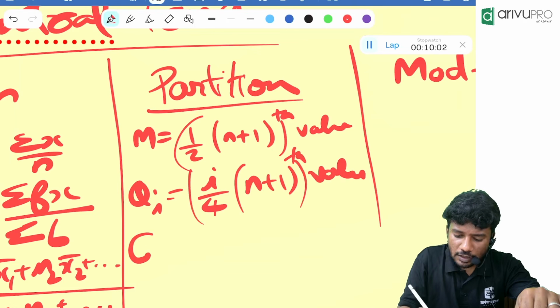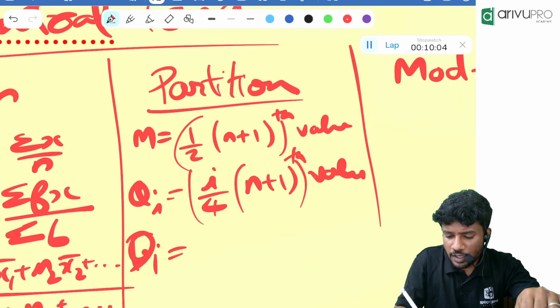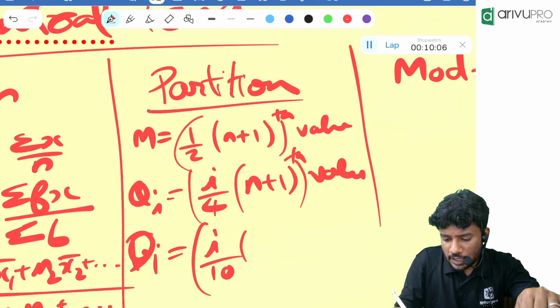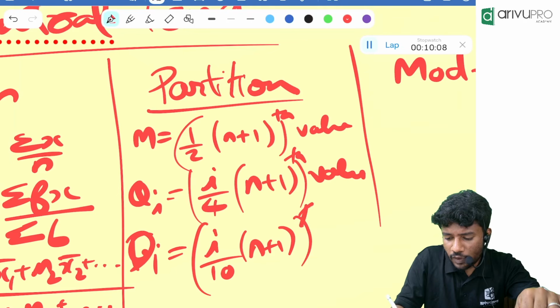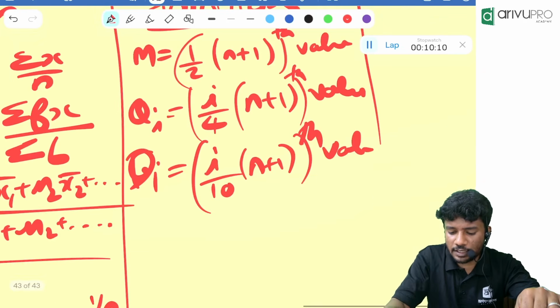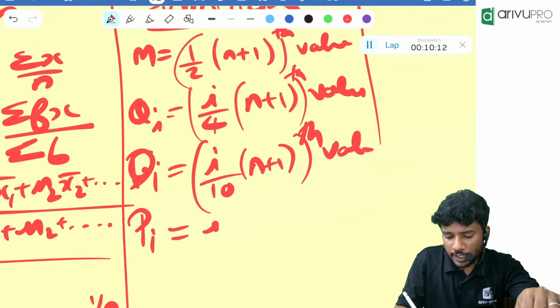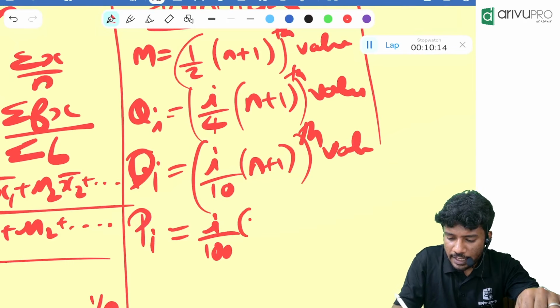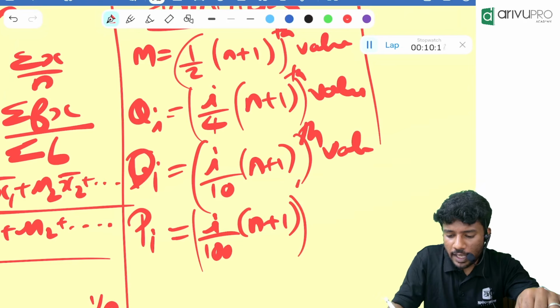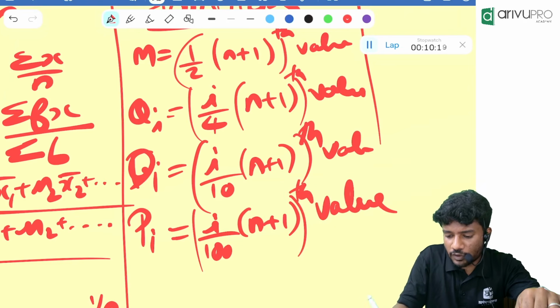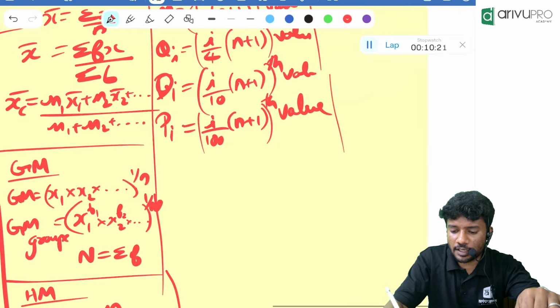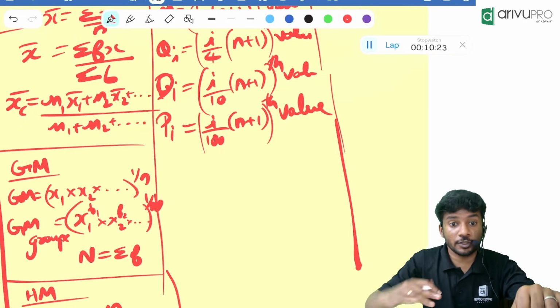Correct. Then decile is the i by 10 into n plus 1th value. Correct. Then finally percentile is i by 100 into n plus 1th value. Okay. Till here everyone got it? Any doubt till here? Are you forgetting this? Are you able to remember it?